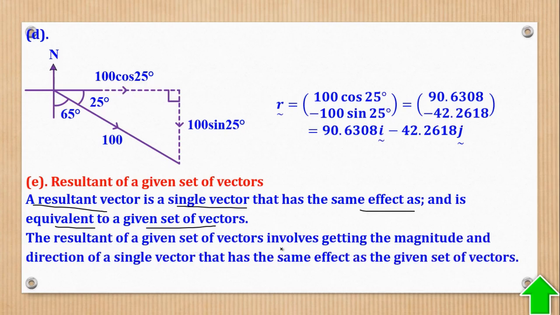And it involves getting the magnitude and direction of a single vector. Remember, that has the same effect as a given set of vectors. So you can be given a number of vectors. So when they tell you to get the resultant, it means that you get one vector which will have the same effect as the given set of vectors.